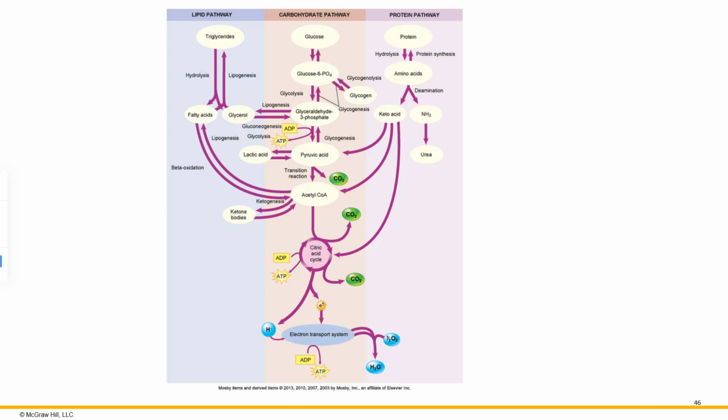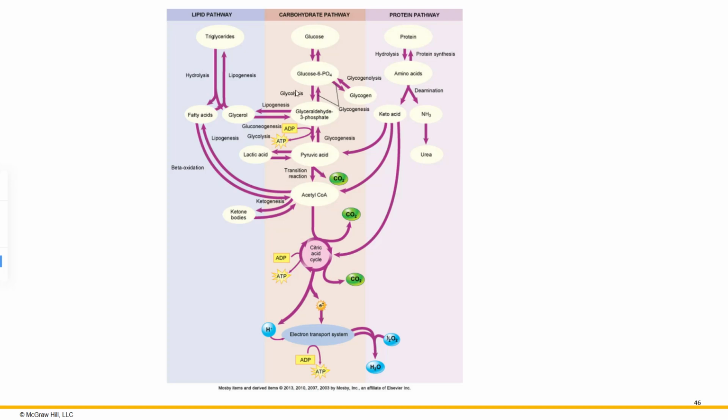This is a master diagram that shows how all of the pathways are related. So the carbohydrate pathway is here in the middle, but the carbohydrate pathway is linked to the lipid pathway and protein pathway. So take a moment to pause the video and look through this.